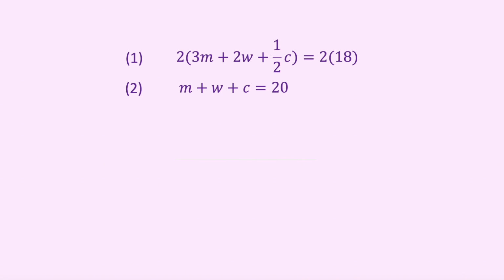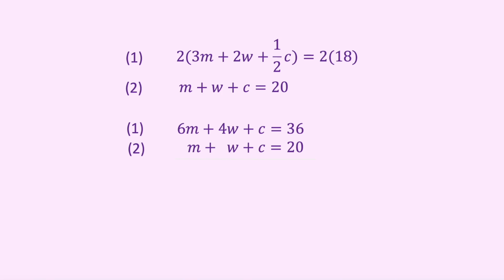So we have 2 times the first equation is equal to 2 times 18. I've copied down the two equations, and I've merely applied the distributive law. 2 times 3m gives us 6m, 2 times 2w gives us 4w, and 2 times a half c gives us c. On the right, 2 times 18 gives us 36.